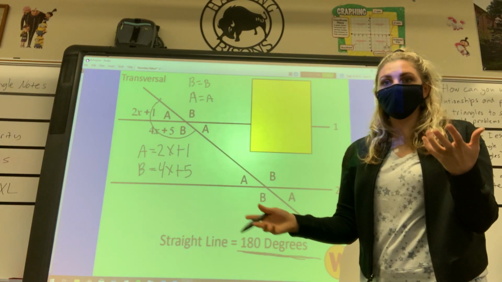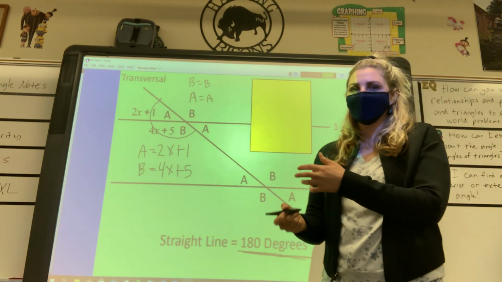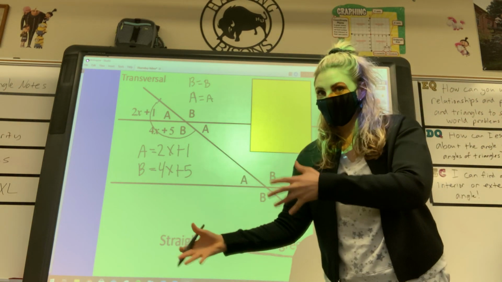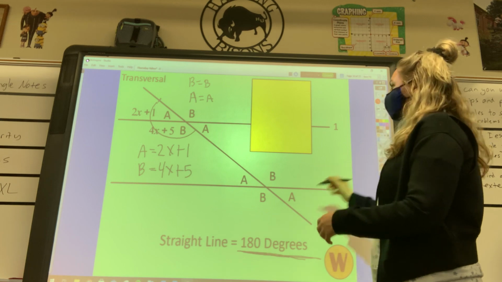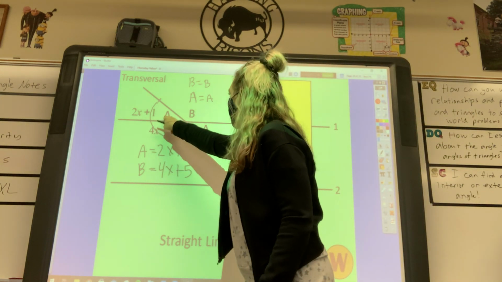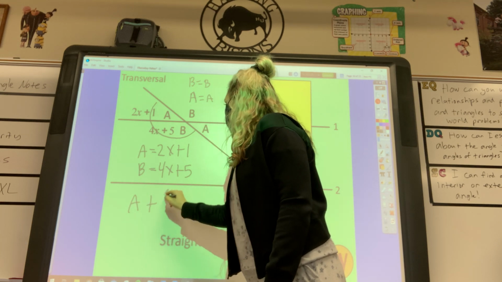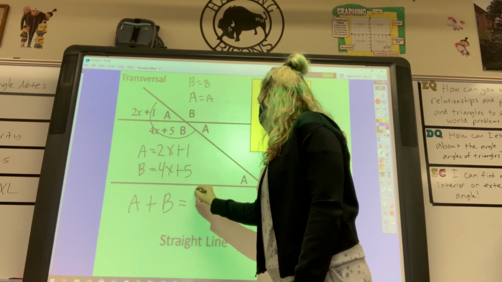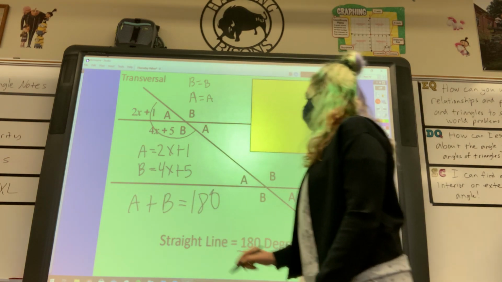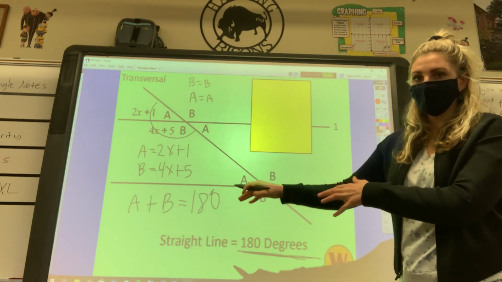And just like we know that A plus B is the same thing as B plus A. So with this one, we can take A plus B, and this has to equal 180. So we know a little bit more information.